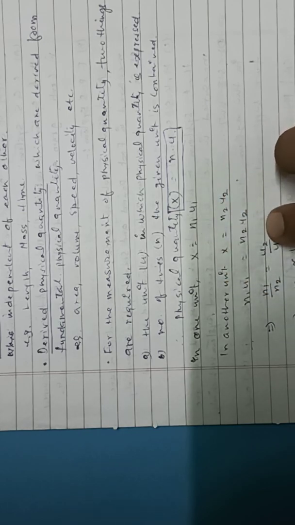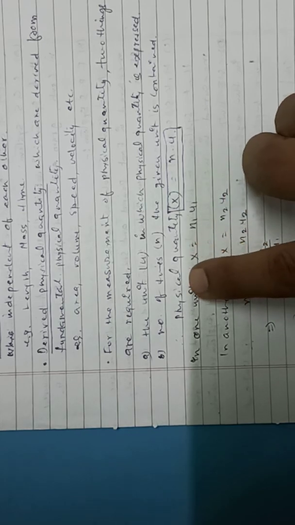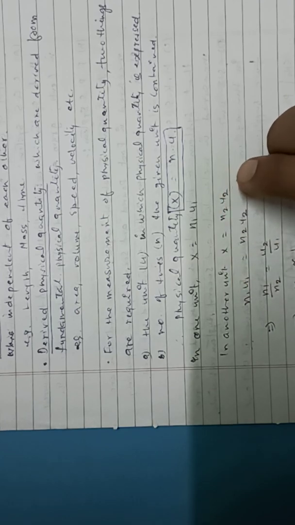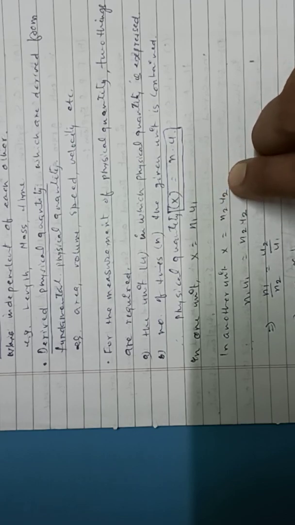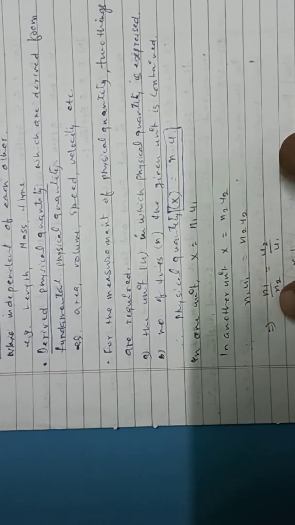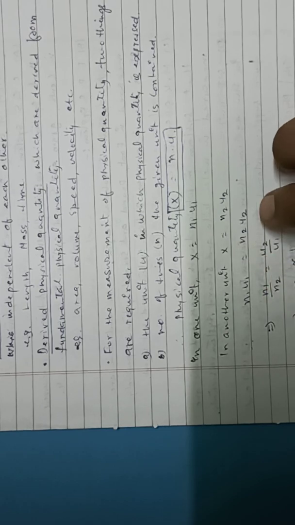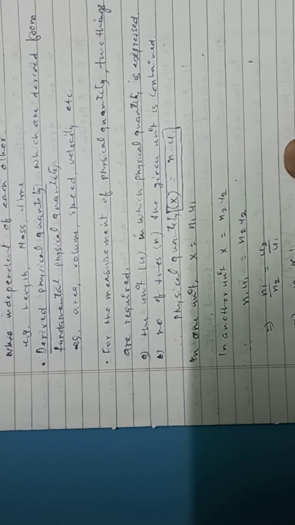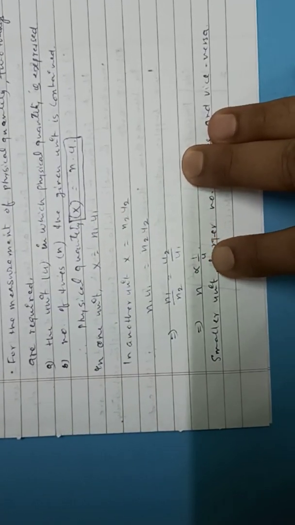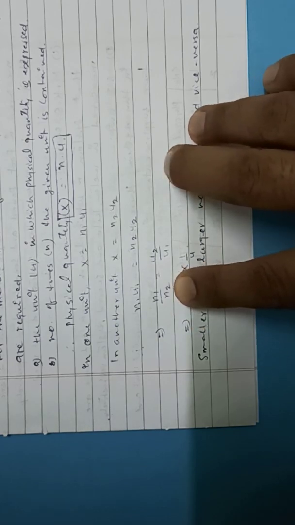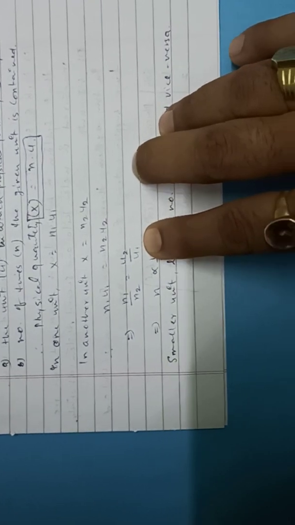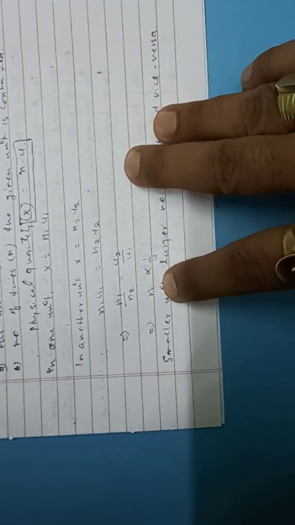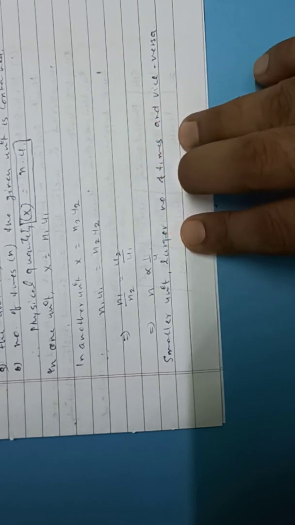From these two equations, we see that left hand side are equal, so right hand side also equal. Therefore, N1 U1 is equal to N2 U2. Therefore, N1 by N2 is equal to U2 by U1. Or we can say N is inversely proportional to U. Okay?